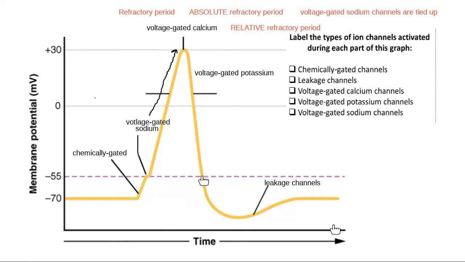If I'm repeatedly and actively spitting out potassium and dropping, we kind of gave the analogy, if you are skydiving and you need to get back up to your plane, it's going to be hard for you to get back up to the plane. That's kind of what's going on in the relative refractory period. You're free falling, you've jumped out of the airplane, but we've got to get back up here for us to be able to open those channels again.